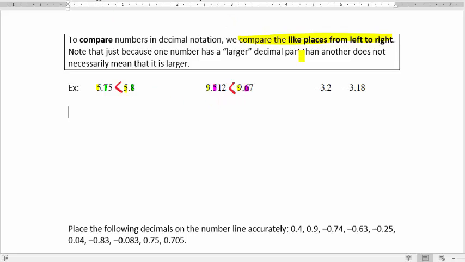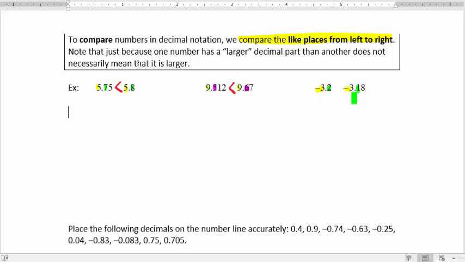All right, and then last one, same thing. Compare the ones, they're equal. Now compare the tenths. Well, this is a 2 and this is a 1. But now these are negatives that you're dealing with, so it's kind of the reverse. So you think of the 1 as being less negative than the 2. So this 1 is actually going to be greater than the 2 because it's less negative.